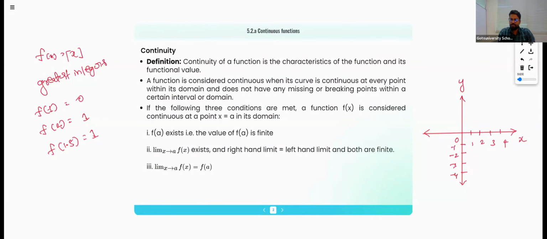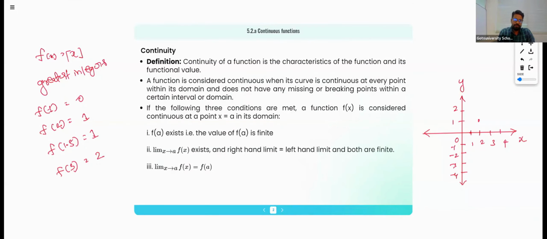F of 1 will be 0, it will be here. And f of 2 will be here, whereas f of 1 is 0. Then f of 3: the greatest integer less than 3 is 2.